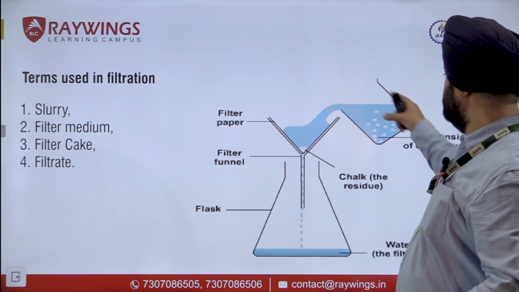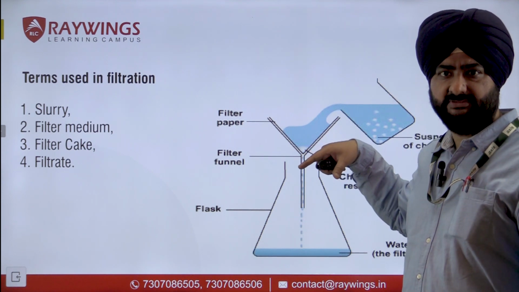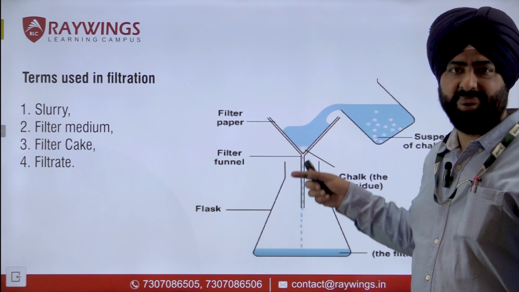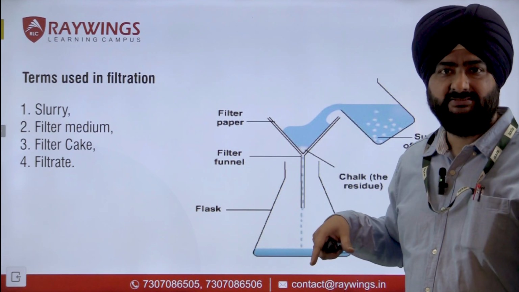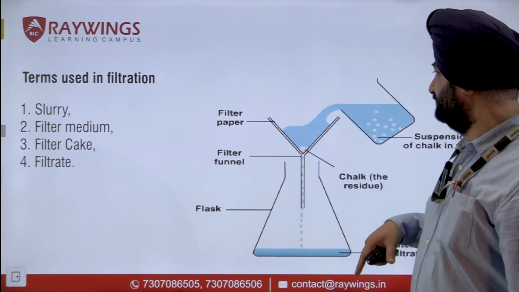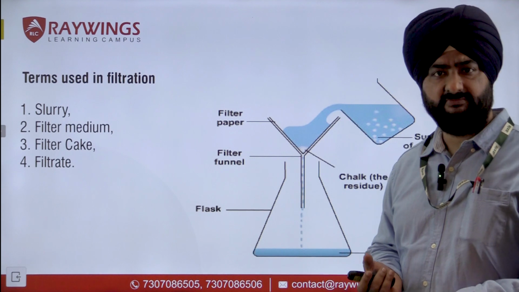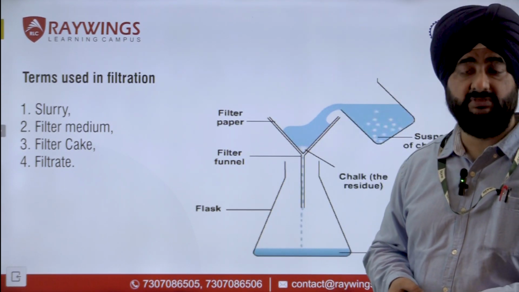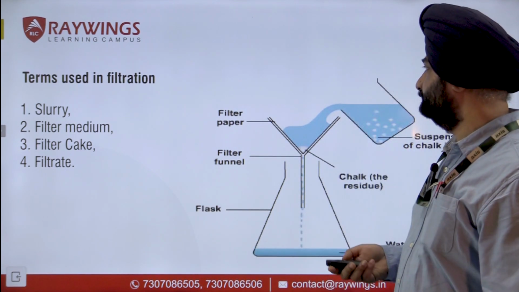So this is a beaker which is showing a suspension. It means it is a slurry. When we pour this slurry, there must be a filter medium to separate the solute from the solvent molecules. Here we can use any filter medium like the filter paper that we use in the lab, filter cloth, cotton wool, or glass wool, which we will discuss later.